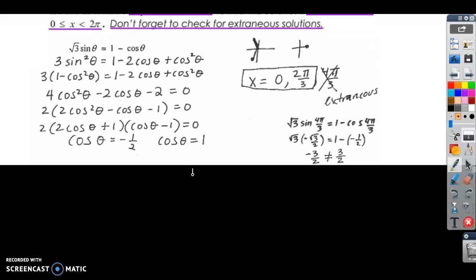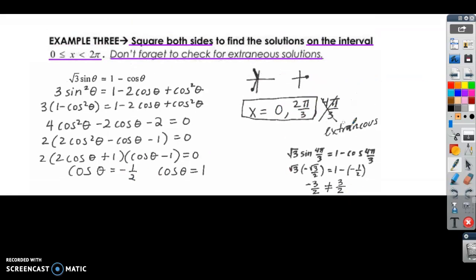So once I use the unit circle and I find my solutions, you can go ahead and write them out. Now you've got to check to make sure they actually do work, because you've squared both sides. When you square both sides of an equation, numbers like -1 doesn't always equal 1, right?